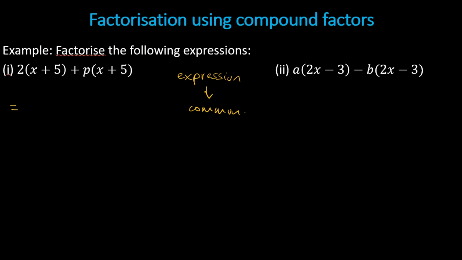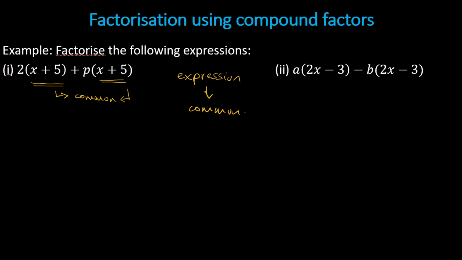We have 2 times x plus 5 plus p times x plus 5, right? Now, which expression is appearing twice? We have here x plus 5, and here also we have x plus 5. So we say that x plus 5 is common.